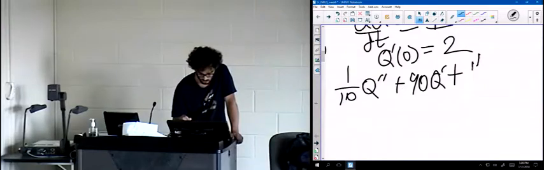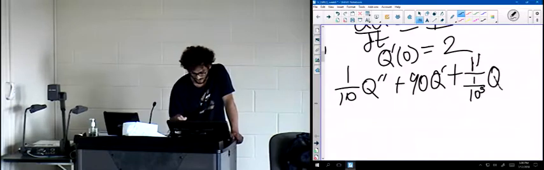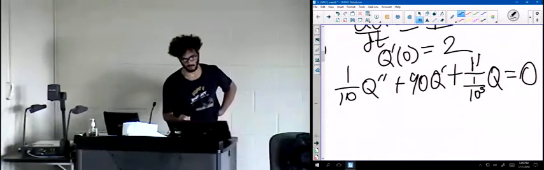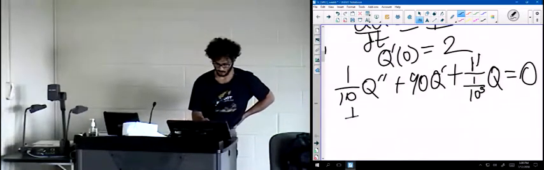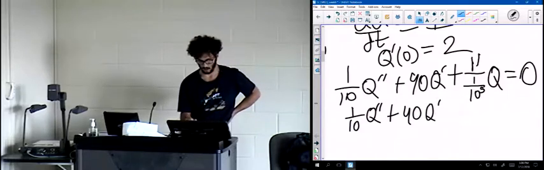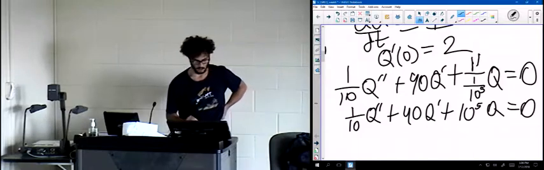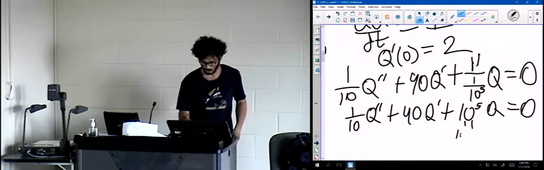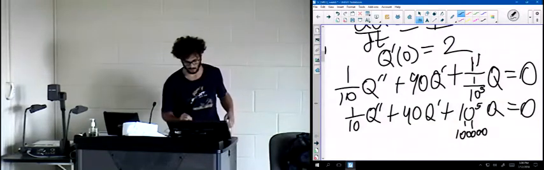Our capacitance is 1 over 10 to the 5th times Q. And that's all equal to 0, right? So maybe rewrite it once more. It's 10 to the 5th. Okay? And that's really something like that. Yeah, it's 100,000.